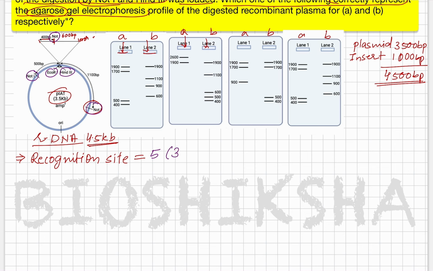We have 3 recognition sites for NotI, 1 recognition site for EcoRI, and 1 recognition site for HindIII restriction endonuclease. Hope it is clear. Now let us see the digestion. There are 2 types of digestion we have learned. Let us talk about the first digestion.